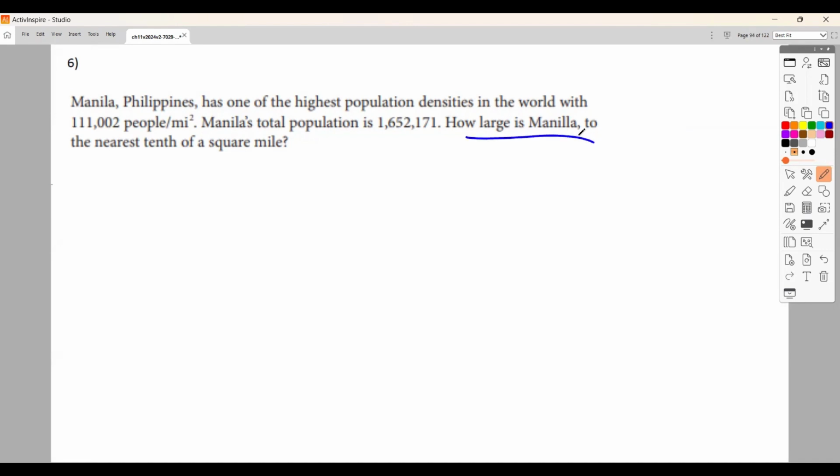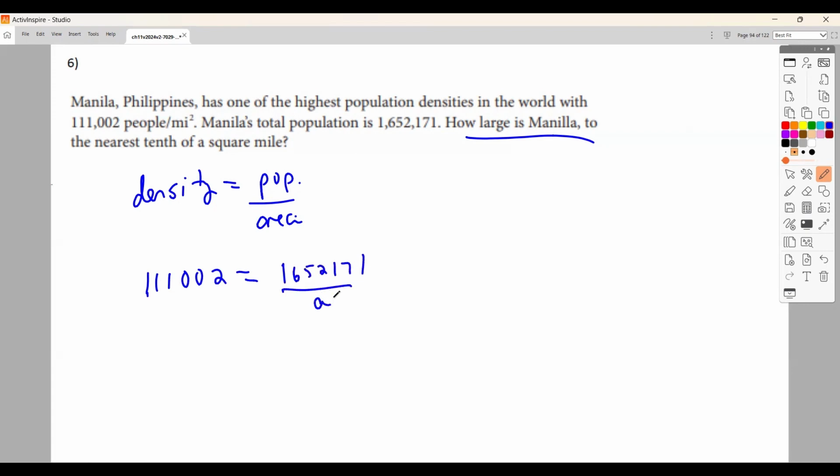How large? So it looks like they're asking for the area. Again, the formula for population density: the density is equal to the population divided by the area. They're giving me the density as 111,002. The population is 1,652,171, and it's the area that I'm missing.